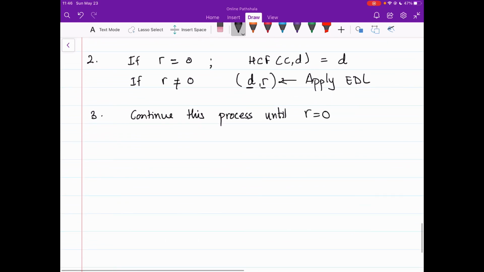The divisor at this stage will be the required HCF. When R equals 0, the divisor that you get is the HCF.